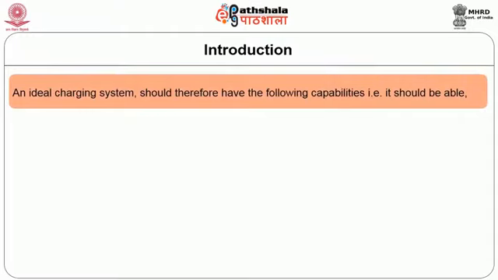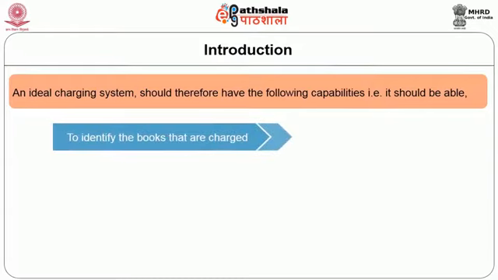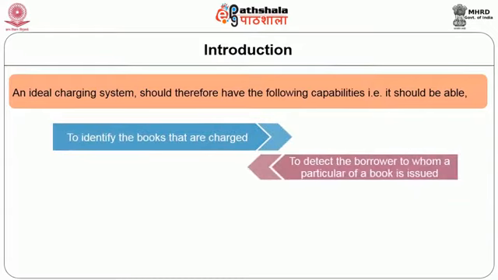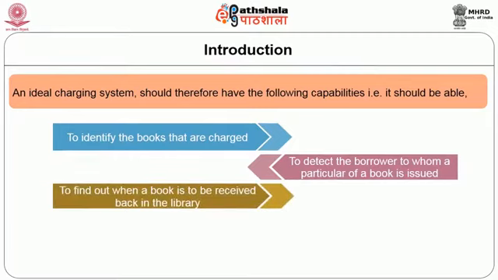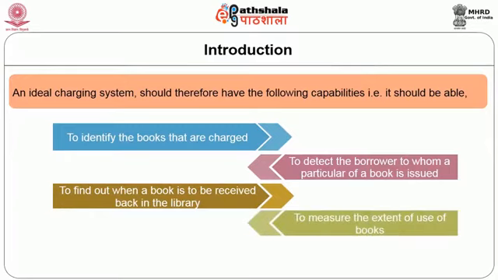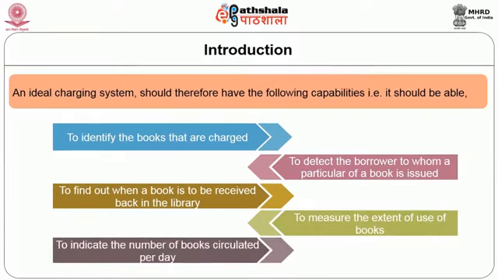An ideal charging system should therefore have the following capabilities: it should be able to identify the books that are charged, to detect the borrower to whom a particular book is issued, to find out when the book is to be received back in the library, to measure the extent of use of books, and to indicate the number of books circulated per day.